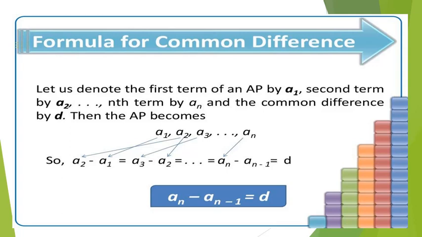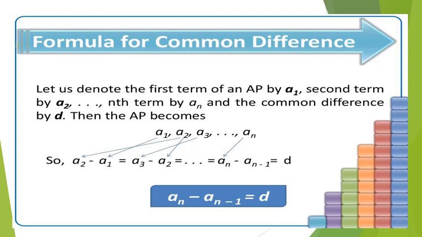Let us denote the first term of an AP by a1, the second term by a2, the third term by a3, similarly the nth term by an, and the common difference by d. Then the AP becomes a1, a2, a3, ..., an.